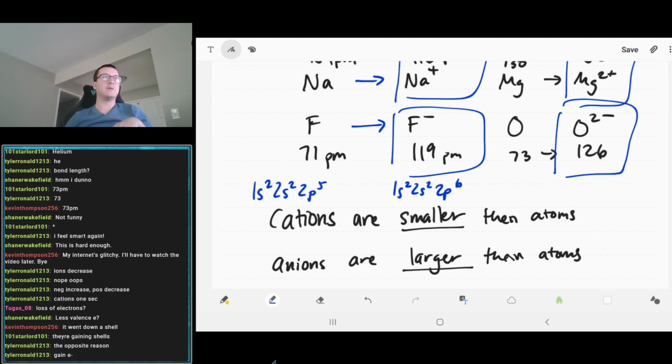And what do electrons do? Electrons don't want to be together, right? That extra electron is going to mess with our effective nuclear charge. They want to be as far from each other as possible. They're negatively charged, right?